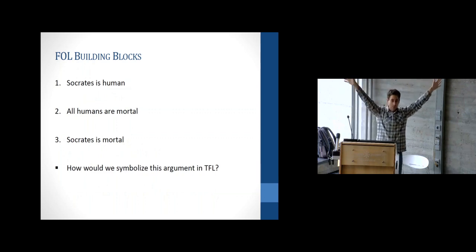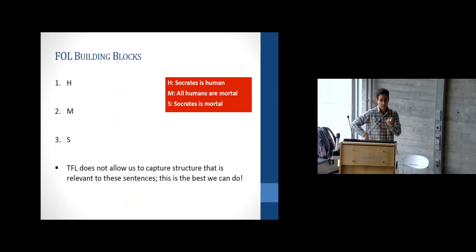So there are no truth functional operators here. It means that all these sentences have to be represented as atomic sentences. We said in truth functional logic, if it doesn't have operators, you make it into an atomic sentence. So you have H, Socrates is human, M, all humans are mortal, and S, Socrates is mortal.